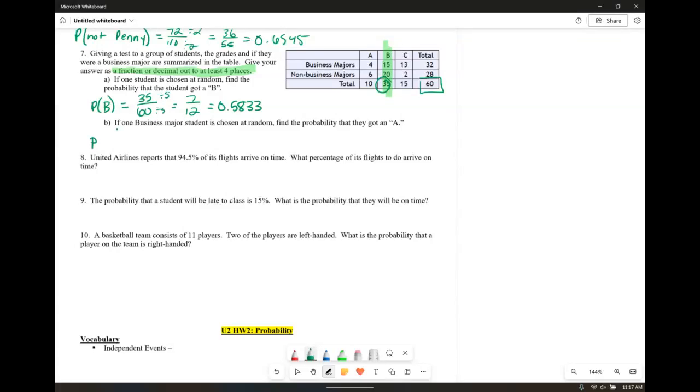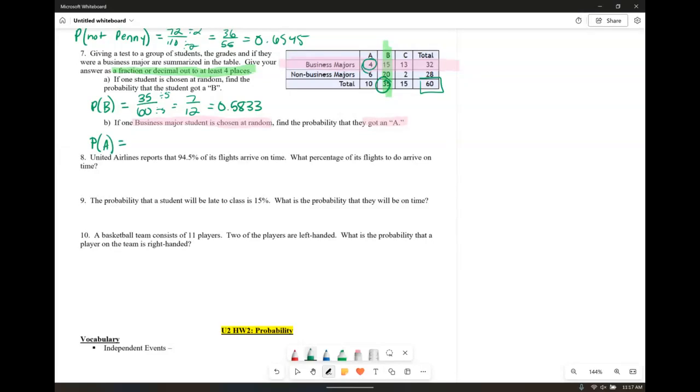Okay. For the next one, we have a business major is chosen at random. Find the probability that they got an A. Okay, so now I just want to look at the business majors. Okay, so the probability, oops, that we have an A, but we have to be business.